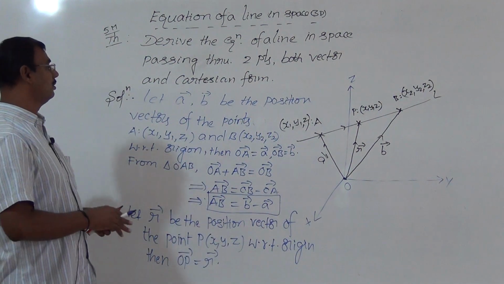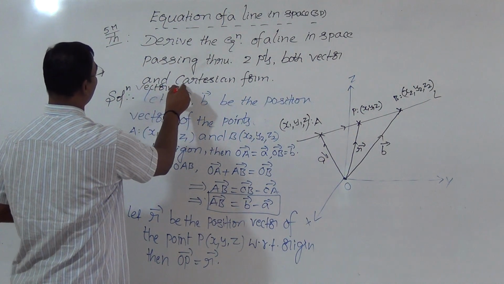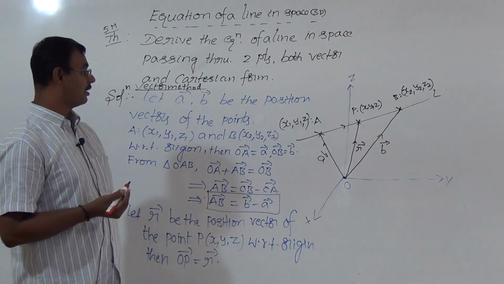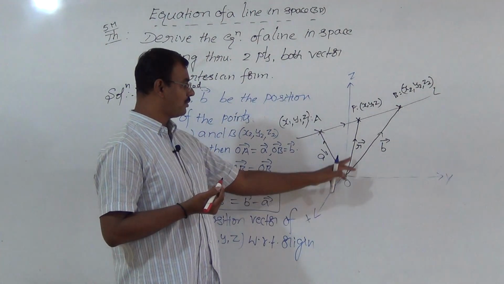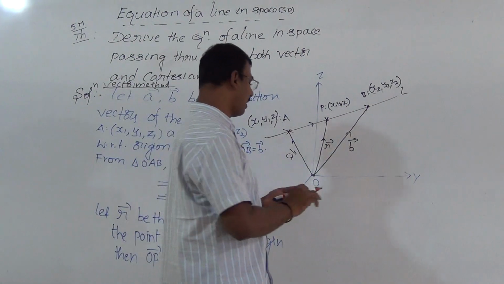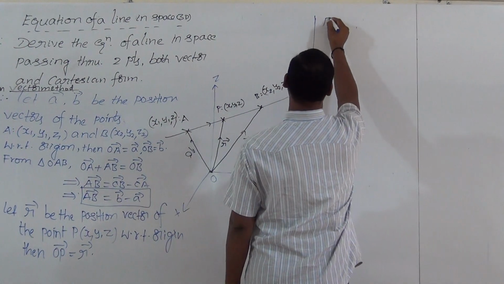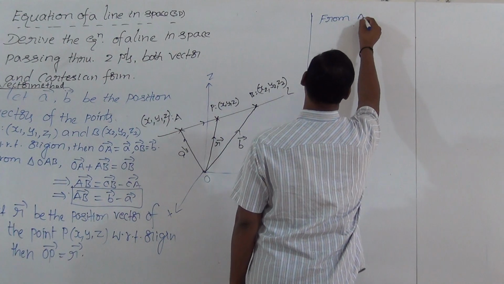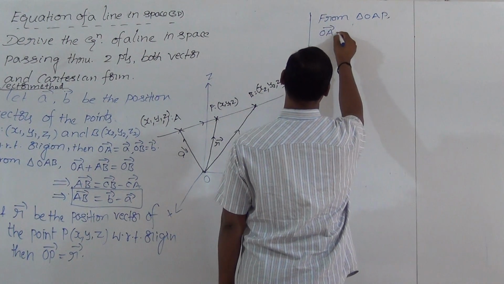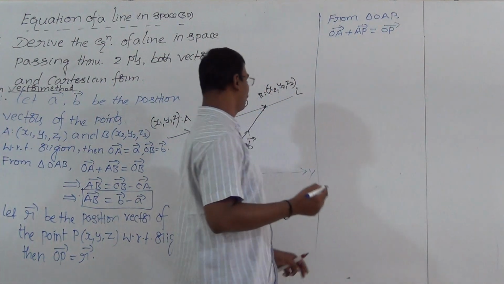This is the vector method. Now again observe the triangle OAP. Using the triangle law of vectors, from triangle OAP, OA bar plus AP bar is equal to OP bar.